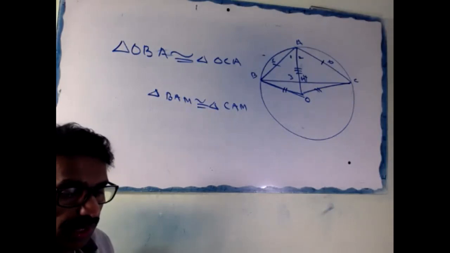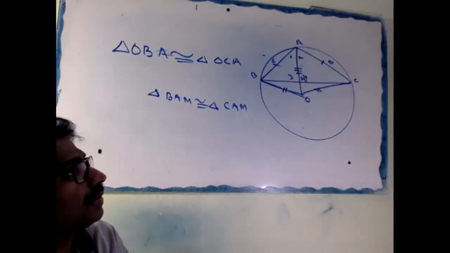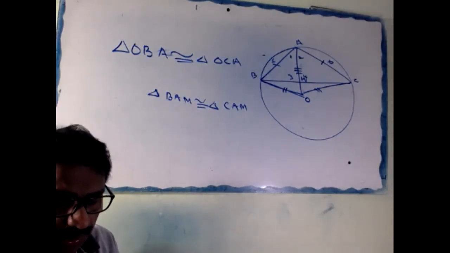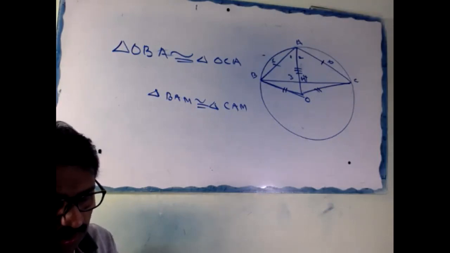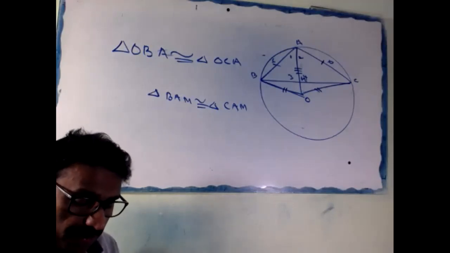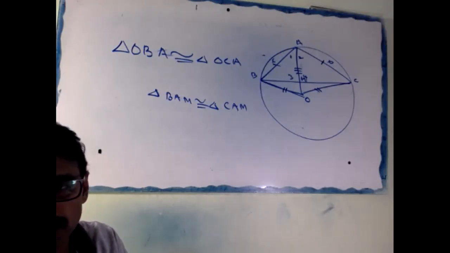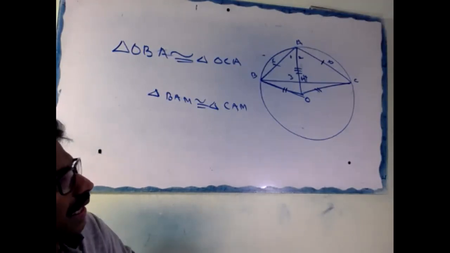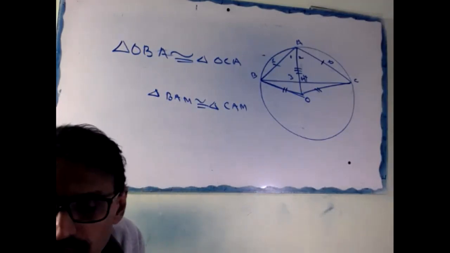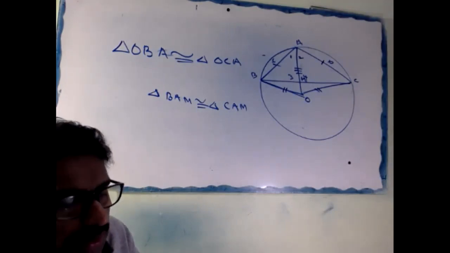Angle 1 equal to angle 2, proved. AM equal to AM, common. Therefore, triangle BAM congruent to triangle CAM, SAS congruency. Hence, BM equal to MC, CPCT, number 1.